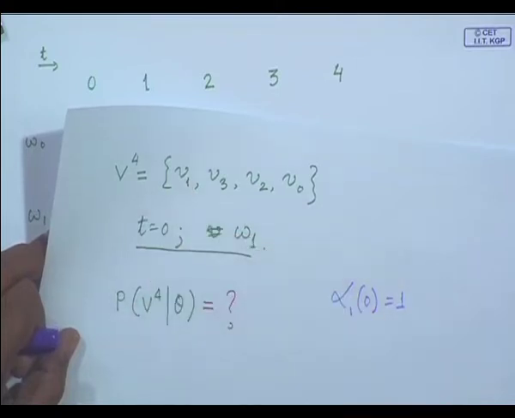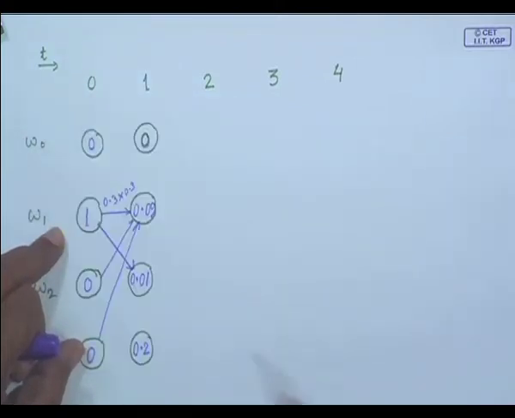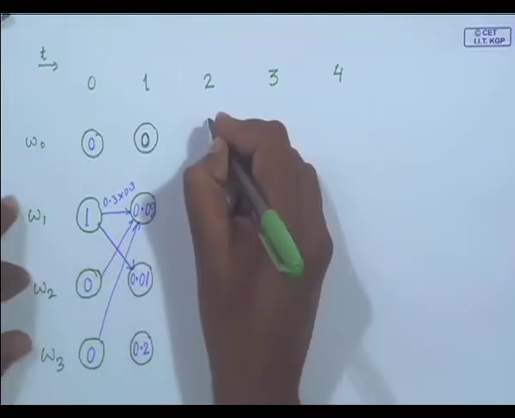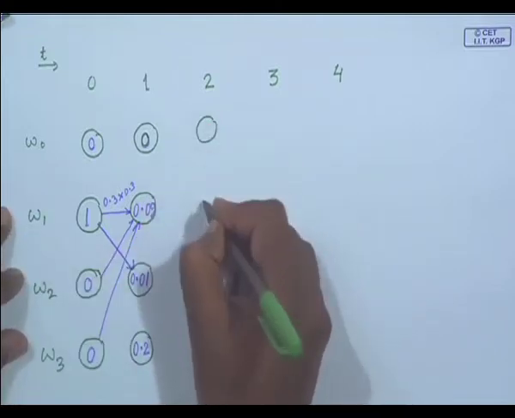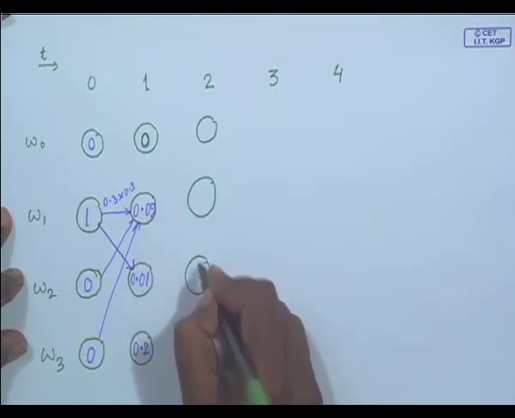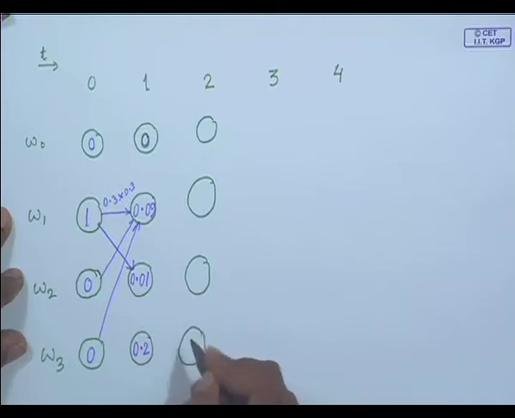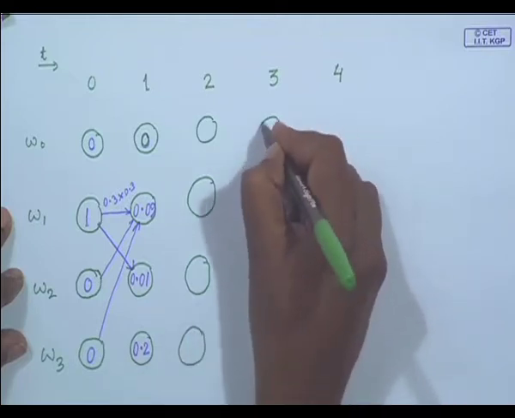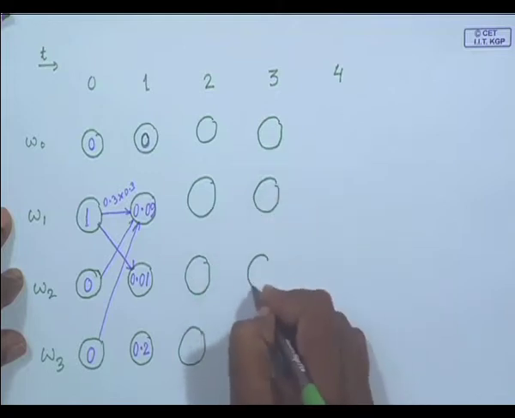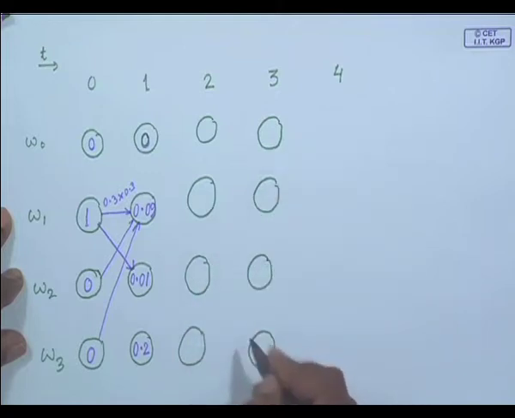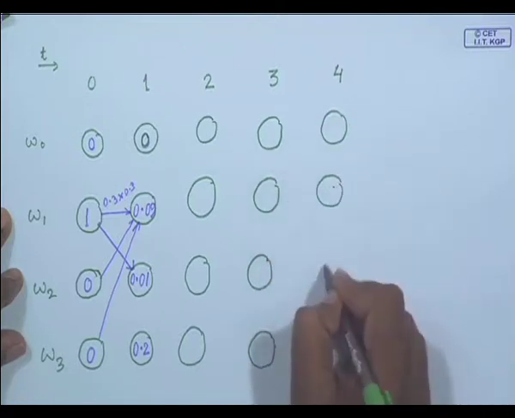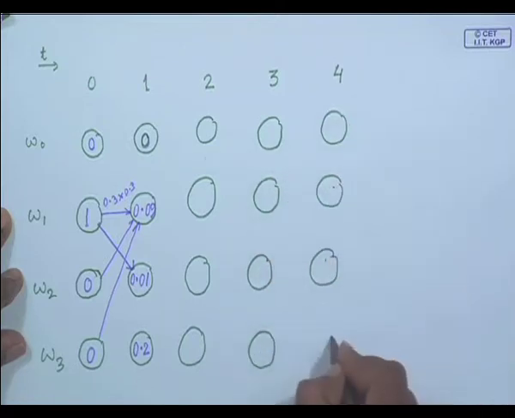And if you continue like this at different time steps, I will have omega 0, omega 1, omega 2, omega 3 at time step 3, and likewise omega 0, omega 1, omega 2, omega 3.